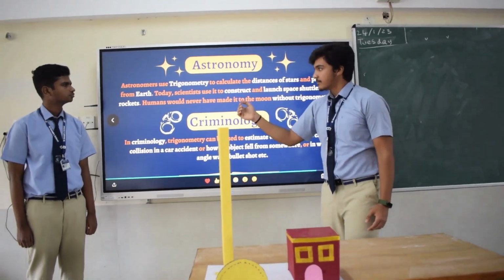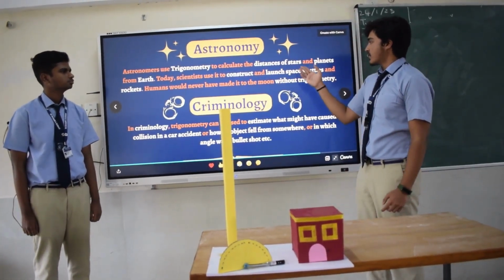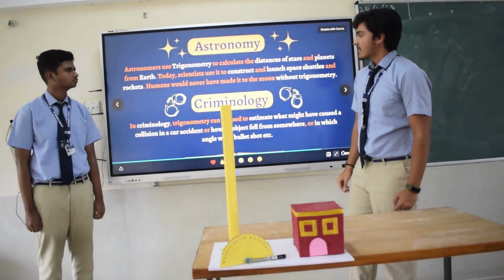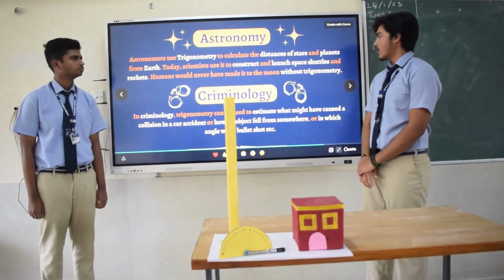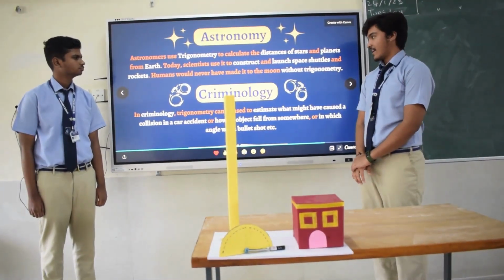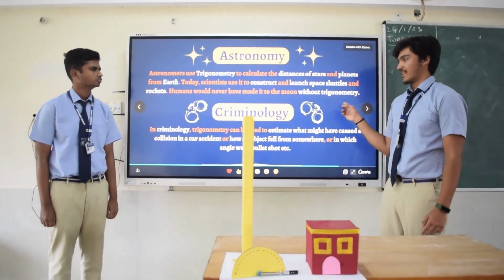Next we shall look into how trigonometry is used in astronomy and criminology. Under astronomy, astronomers use trigonometry to calculate the distances of stars and planets from Earth. Today, scientists use it to construct and launch space shuttles and rockets. An interesting fact is that humans would have never made it to the moon without trigonometry.